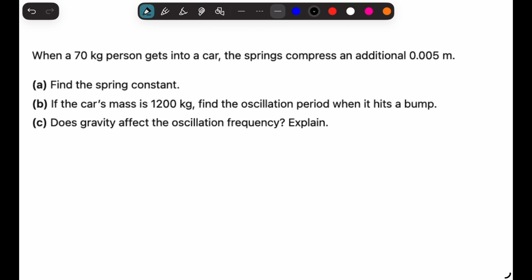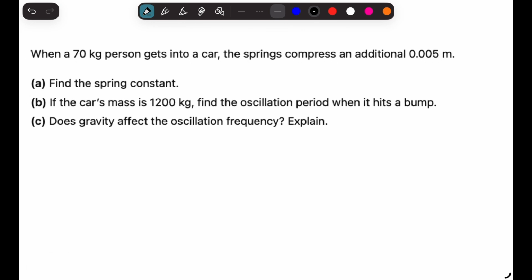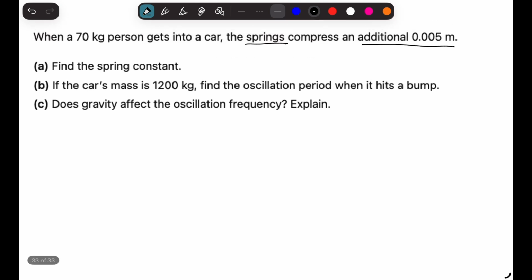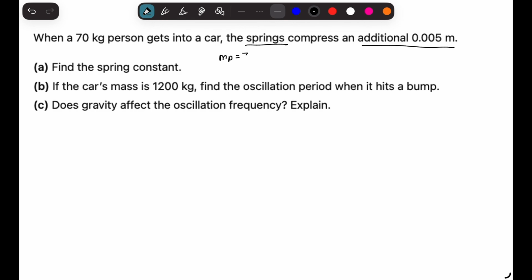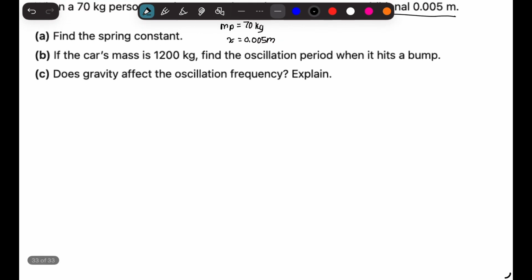A 70 kilogram person gets into a car. The springs compress an additional 0.005 meters. So the mass of the person is 70 kilograms. x is equal to 0.005 meters. We need to get our spring constant.